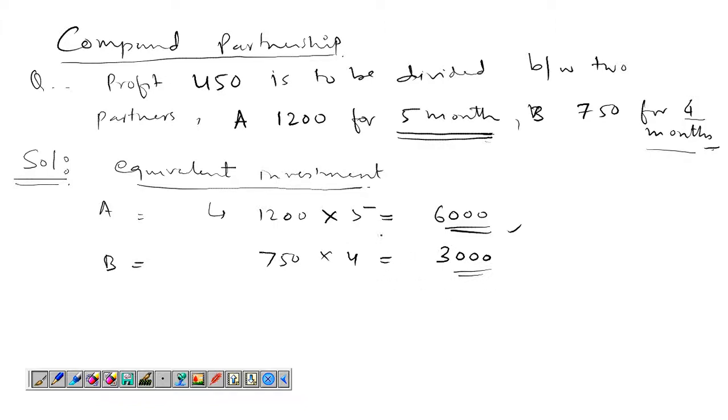Now we will not consider the period of time for which the investment was done by different partners, because we got the equivalent values. So whenever we get a problem of compound partnership, we simply find the equivalent investment by multiplying the capital for 1 month or for 1 year by the given number of months or years.